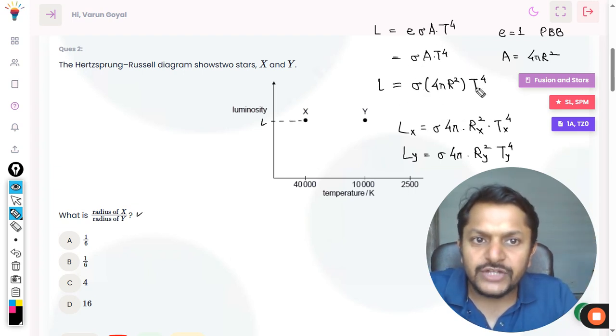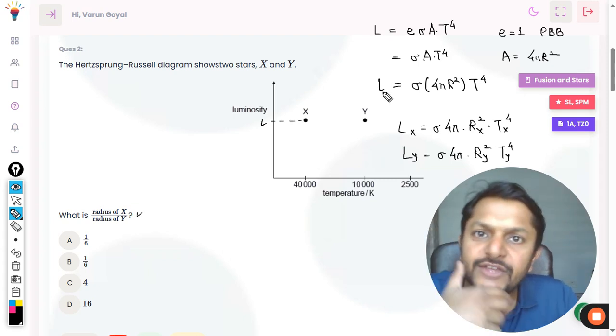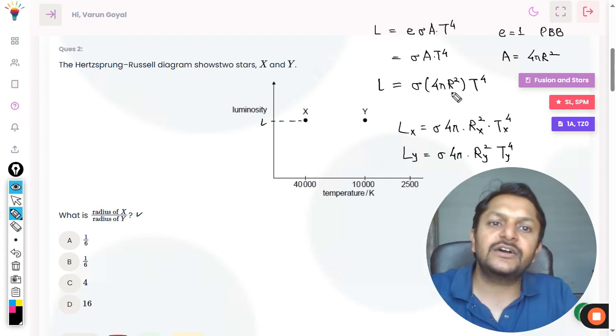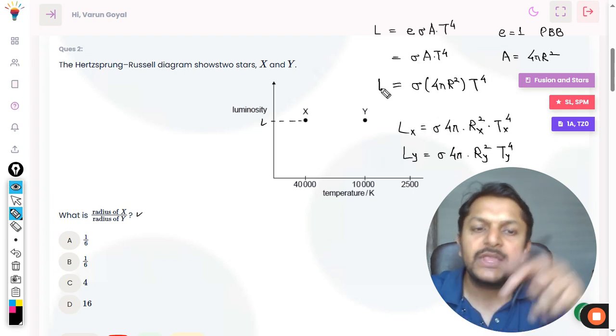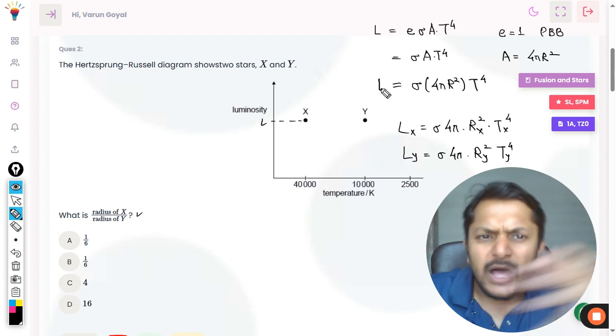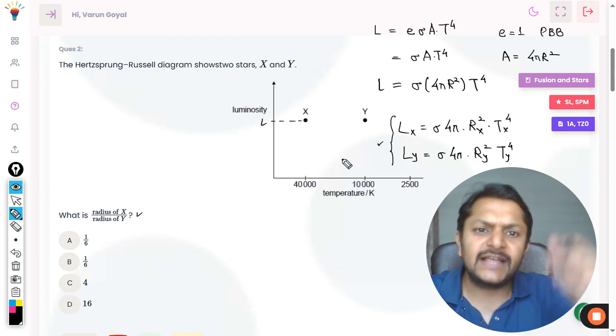You take all these values to the other side of the equation and create a relation for the radius, the temperature and the luminosity. But I don't like using that. I prefer using this method, Lx and Ly.